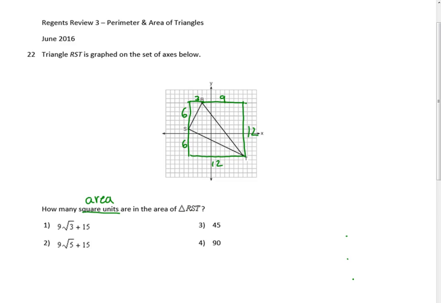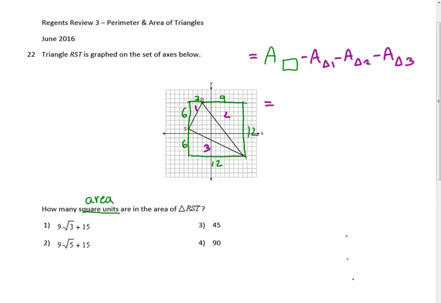Now, the way we're going to do this is we're going to take the area of the rectangle, and I'm going to use a different color here. I'm going to call this triangle 1, triangle 2, and triangle 3, minus the area of triangle 1, minus the area of triangle 2, minus the area of triangle 3. That's going to give us our shaded region.